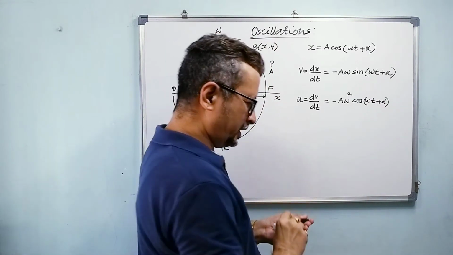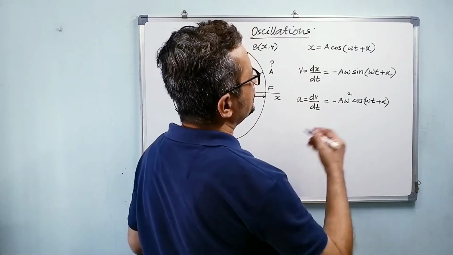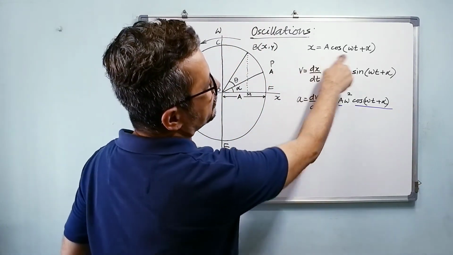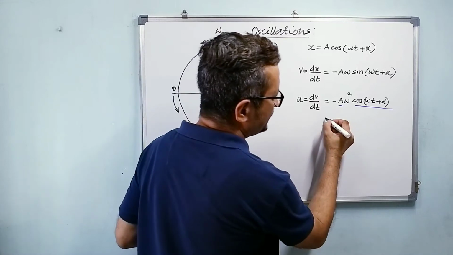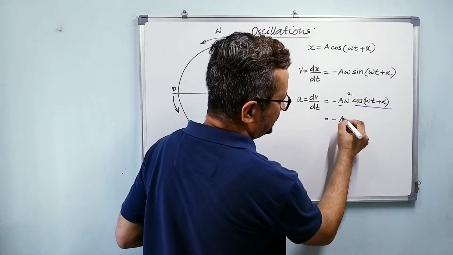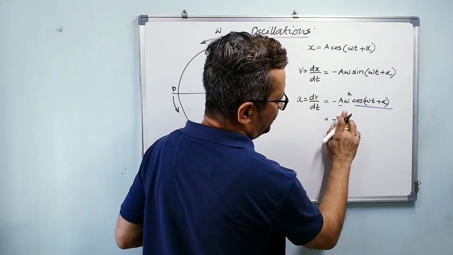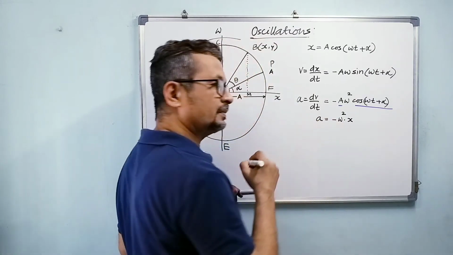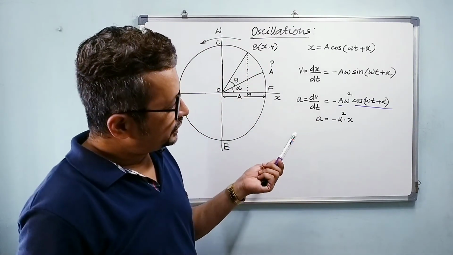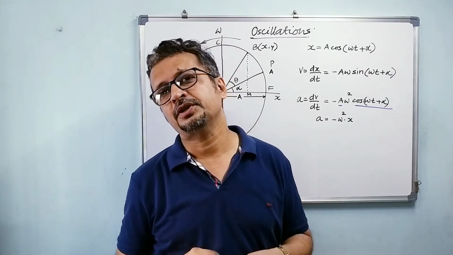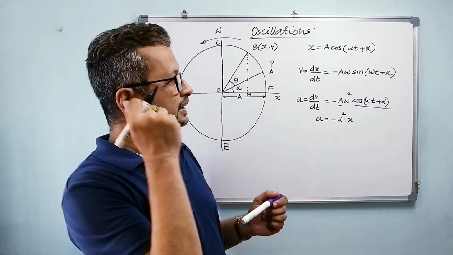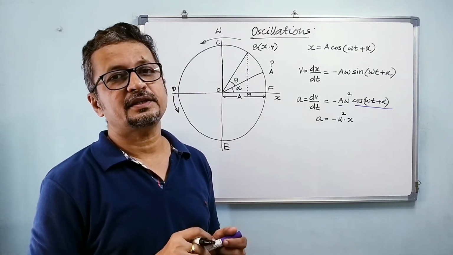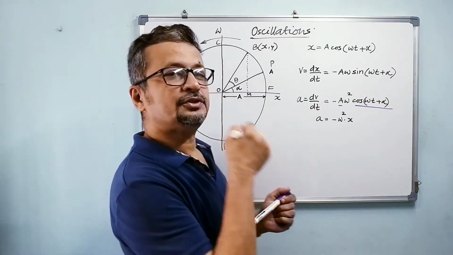Now here if you take this A and cos(omega t plus alpha) together, is it not your x? So can we write it as minus omega square into x? So what you see is the acceleration of this projection particle is directly proportional to the displacement, and it is in a direction opposite to the displacement.